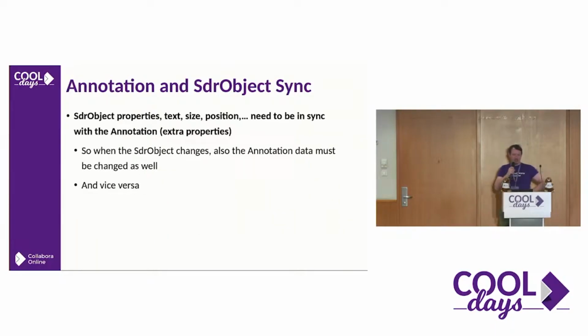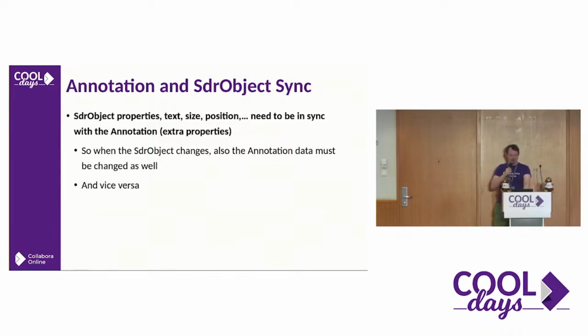The needed thing here is also that when you have the annotation and the SdrObjects, you have to keep them in sync. All the text sizes and positions are now more or less duplicated, even though you have a direct connection from SdrObject to the annotation itself.